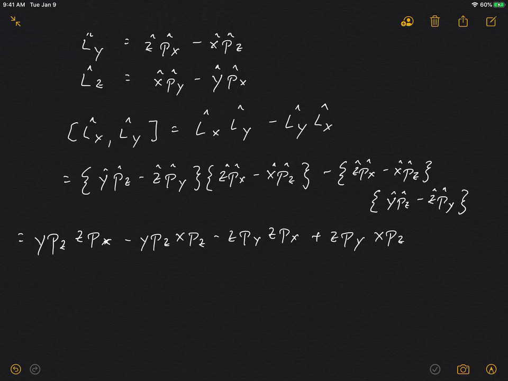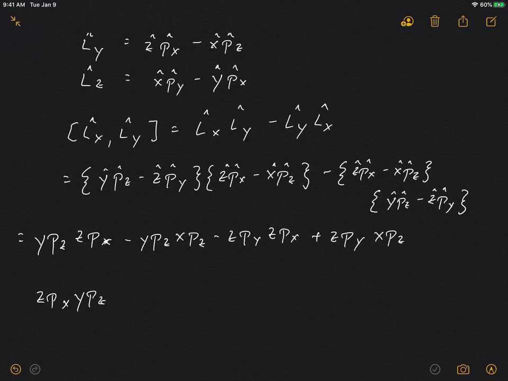Now let's subtract Ly times Lx. So we're going to get zpx ypz, and we have a minus sign there.